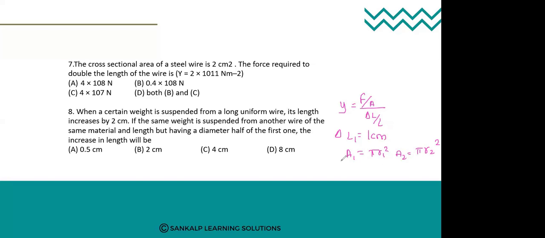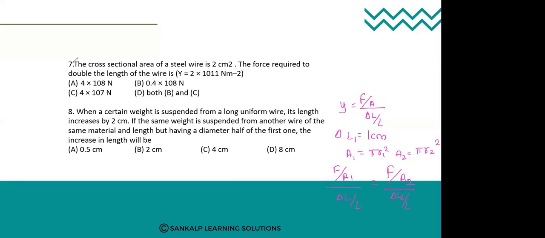So now F by area upon delta L1 by L is equal to, because Young's modulus of both the materials is equal, so we can take it equal here, F by A2 whole divided by delta L2 by L.